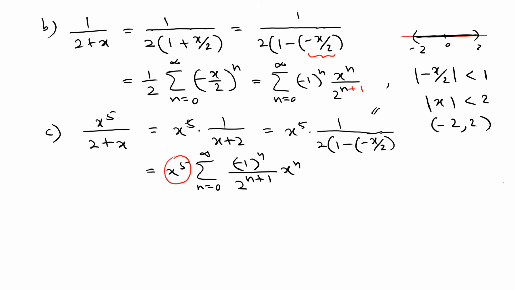So that means you simply raise the power. So that means it is sigma n going from 0 to infinity, negative 1 to the n. What happened here is x to the n, you're going to add 5 more. And then this 2 to the n plus 1. So that's what we have. And when you do that, it doesn't change the interval. The interval is still the same.